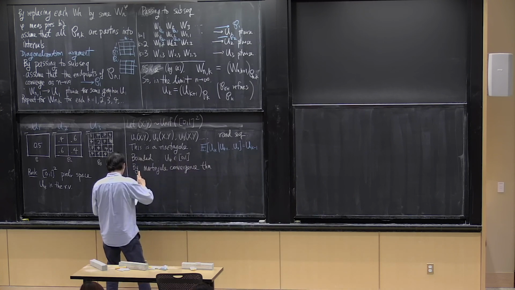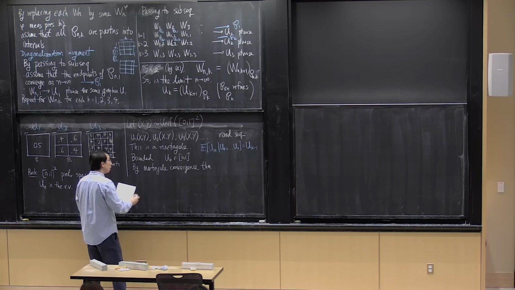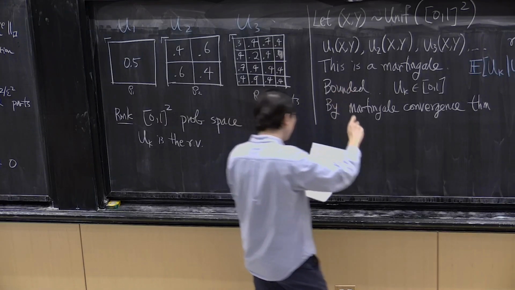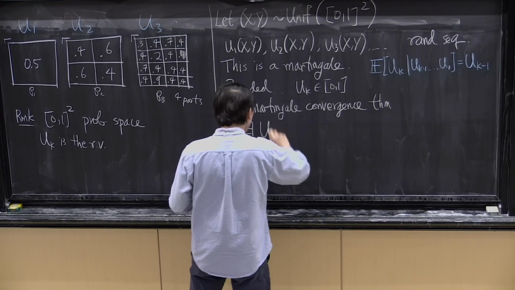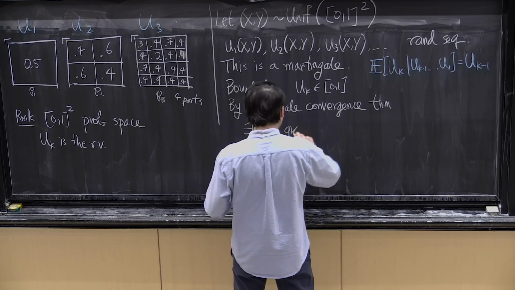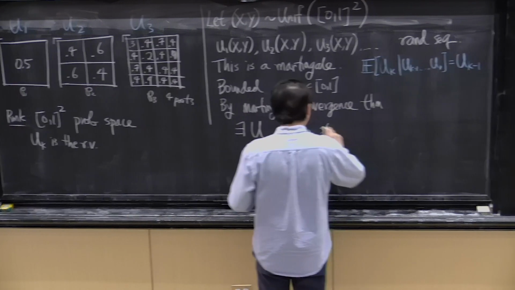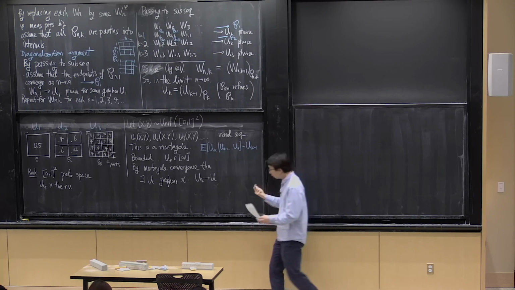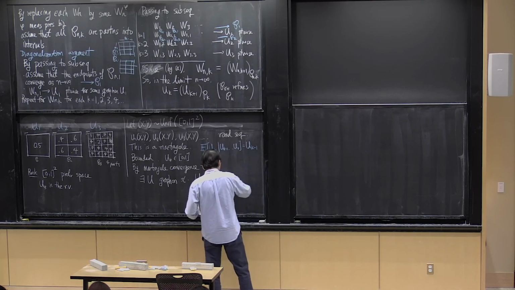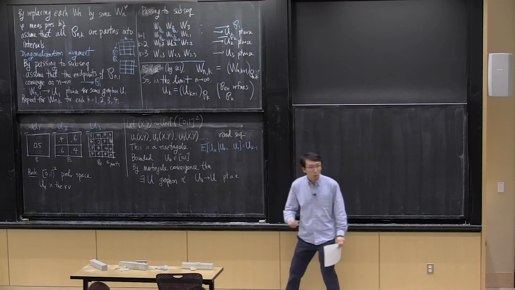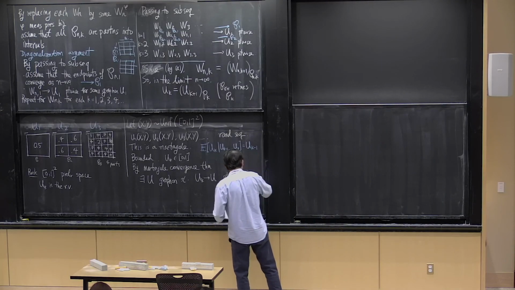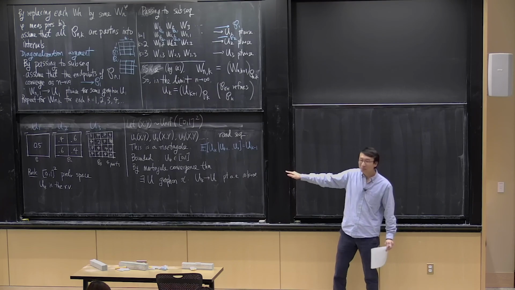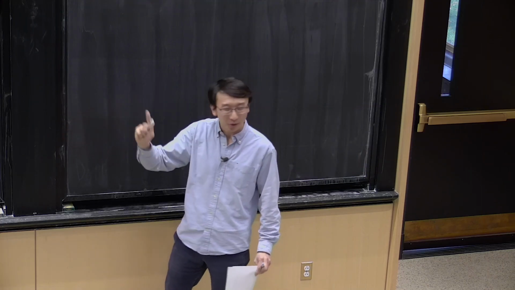So this sequence of martingales converges, which means there exists a U, which is a graphon, such that U_k converges to U pointwise almost everywhere as k goes to infinity. That's the limit.